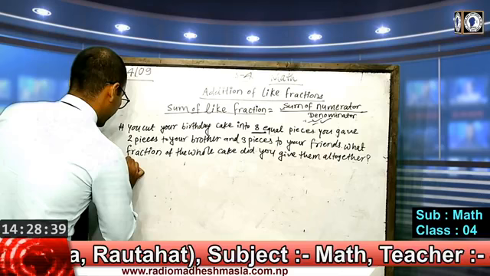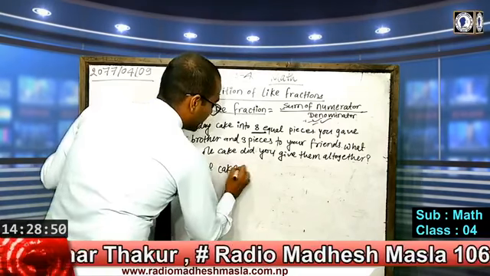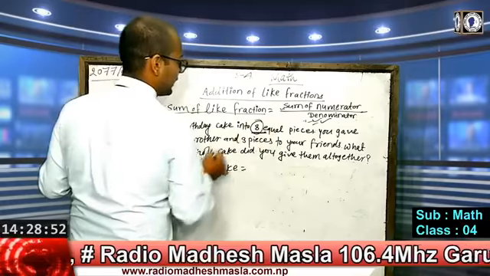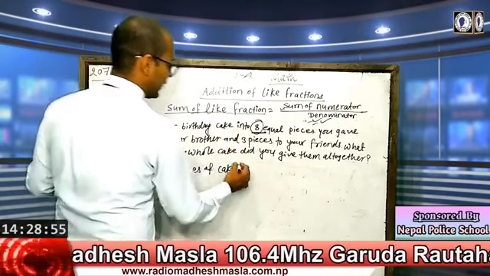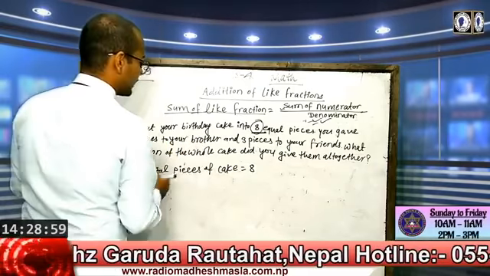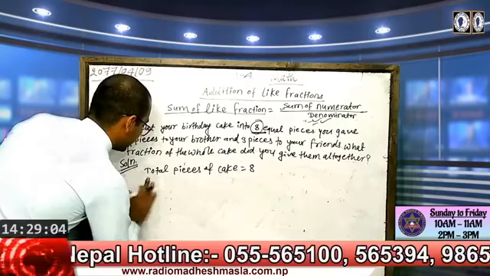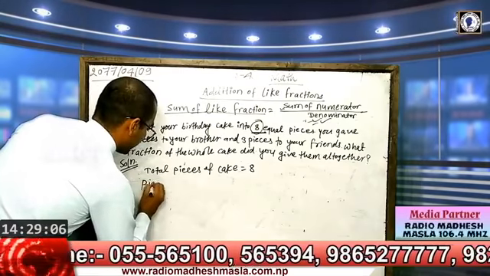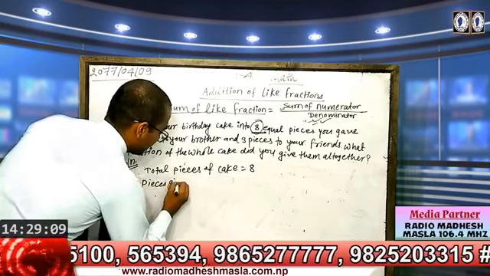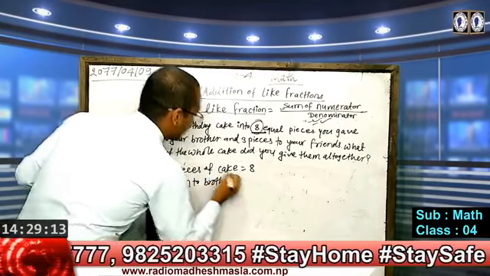Solution: total pieces of cake is equal to 8, as given here. Pieces given to brother is equal to what? 2.